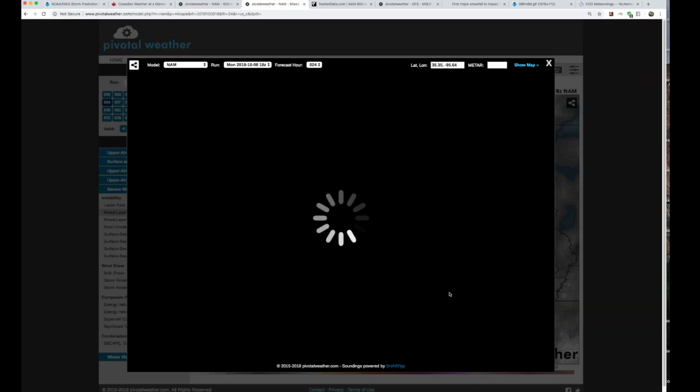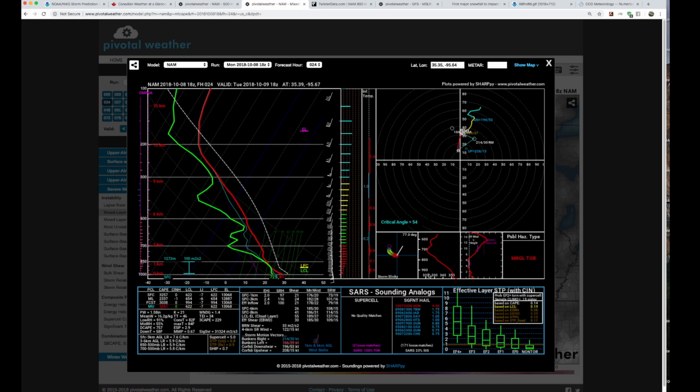Let's click on it. So this is called a sounding. We talked about it very briefly earlier. So if you remember, for instability, you have this dotted line here, and this temperature profile, and between those are the CAPE, right? The amount of instability, and it's depicted here.